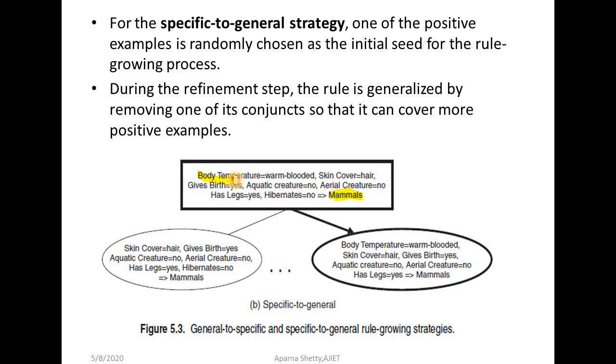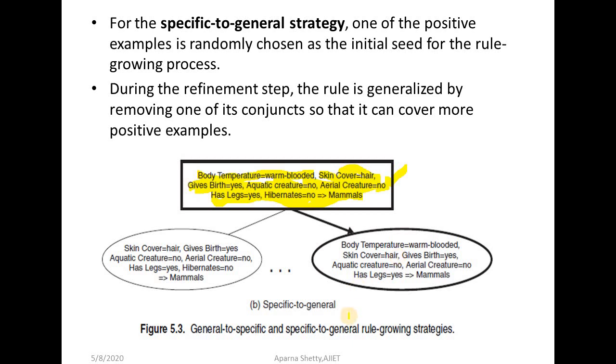Suppose that record has body temperature is equal to warm blooded, skin cover is equal to hair, gives birth is equal to yes, aquatic creature no, aerial creature no, has legs is equal to yes, hibernates is equal to no. So you will take all the attribute value pairs of one given record and you will classify it as mammals. So this is a very specific rule.